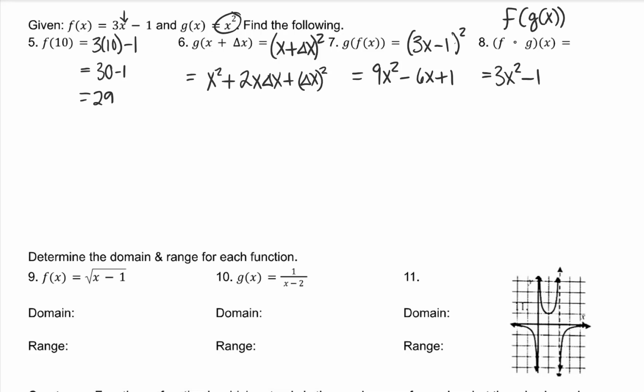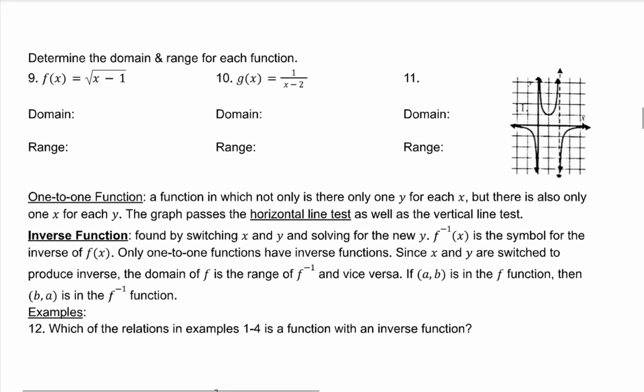That's it. To determine the domain and range for each function, remember there are restrictions, such as for square roots, you cannot take the square root of a negative number, and for rational functions, you cannot divide by 0. So let's determine our domain and range.